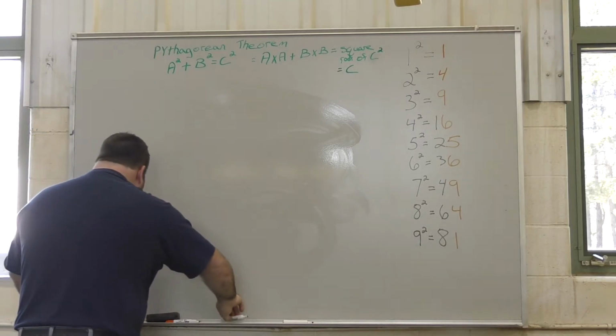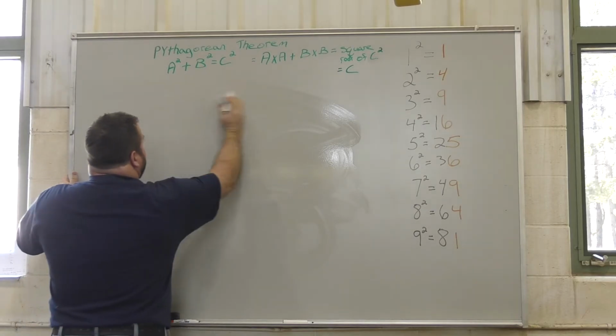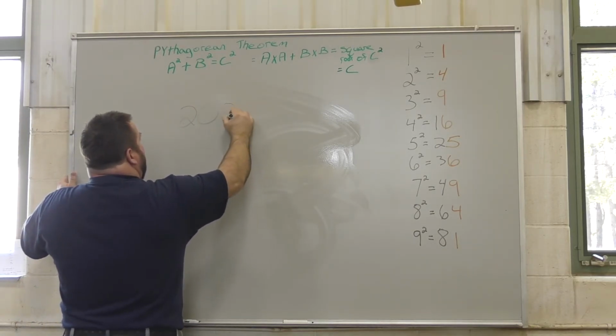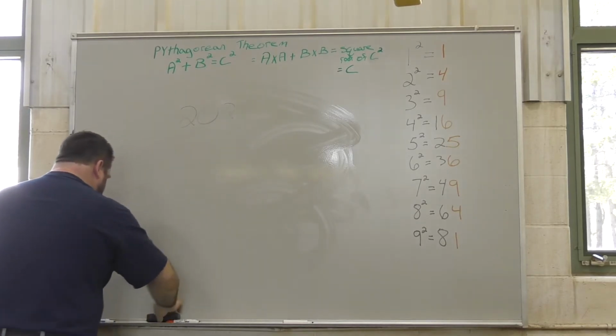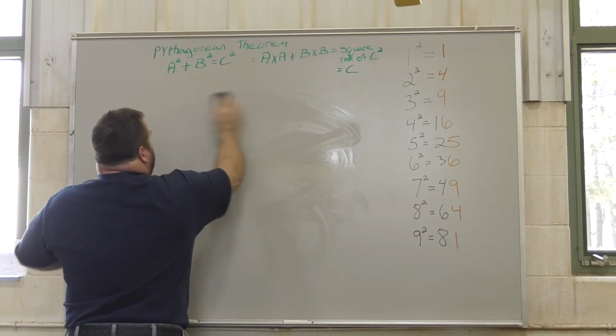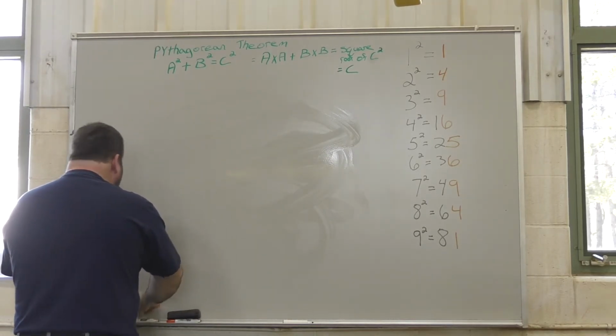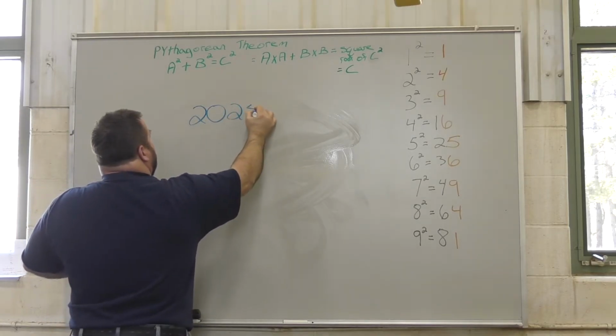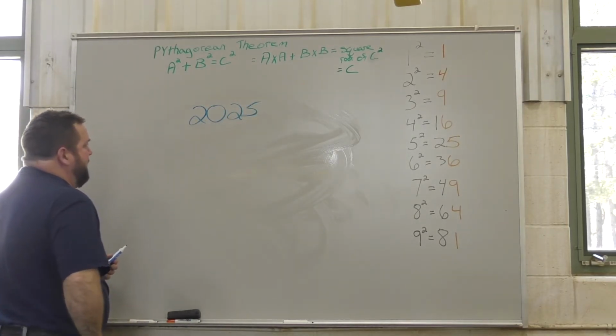Here's an easy one. 2025. I've got to drag the board a little bit. $2,025.